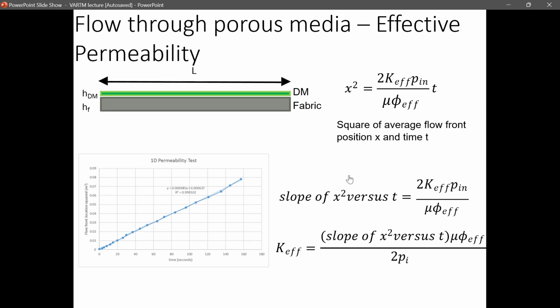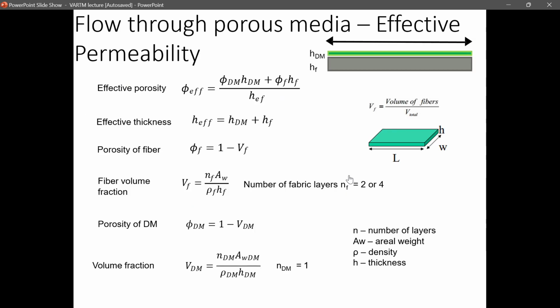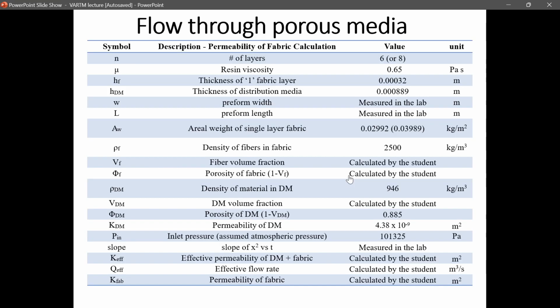There are a couple of things you need to have before doing the final calculations. All of the equations you need for the effective porosity, the thickness and everything is listed here. You have to keep in mind that you are calculating the effective permeability for the distribution media and the fibers, right? There's a distribution media on top of the fibers. Whatever you need, the equations are here, and also the characteristics of the fiber and the distribution media are listed here.